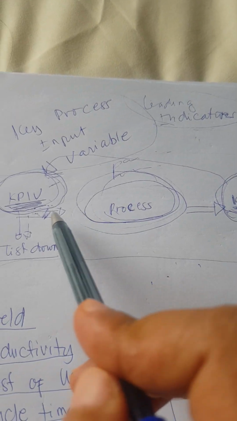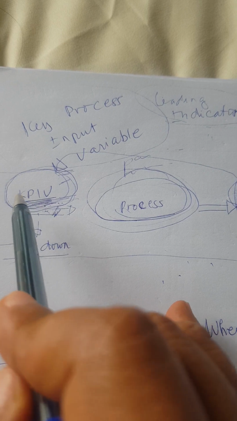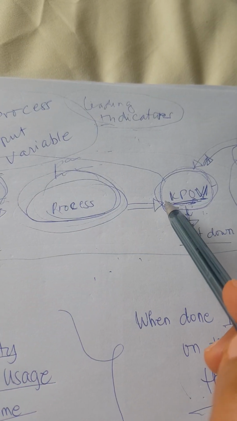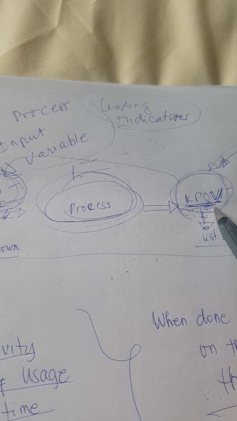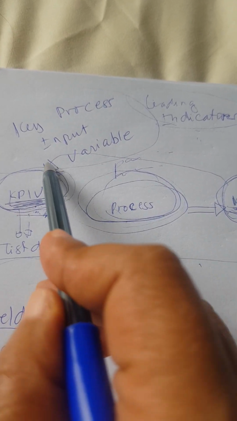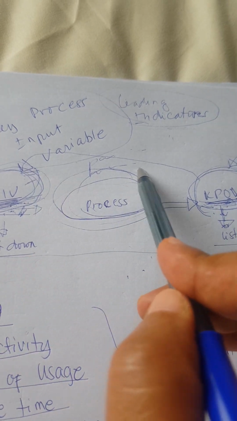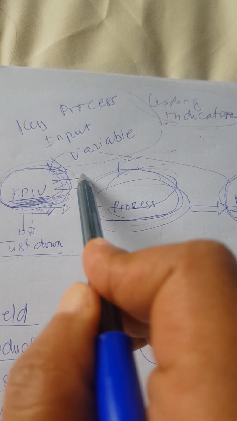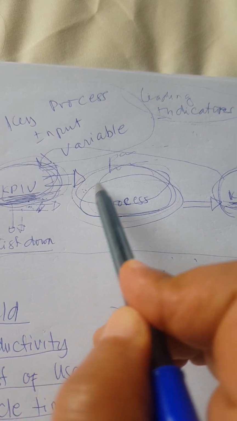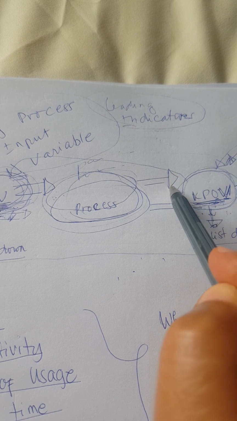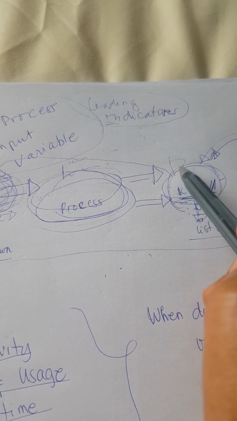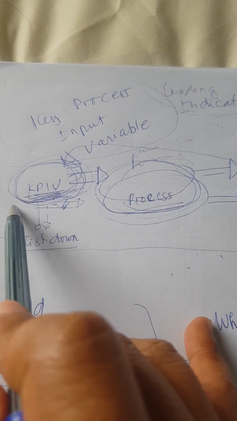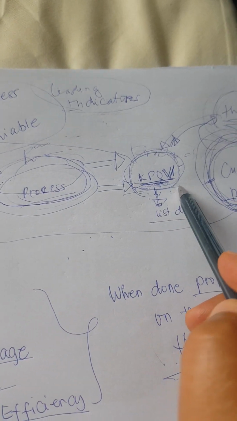The critical items here are those that have a direct impact on our KPOV. So we need to identify all the KPIVs. This is our process. Those KPIVs are what we input in our process in order to meet the KPOV, or the customer requirement result, or the product that we are producing.